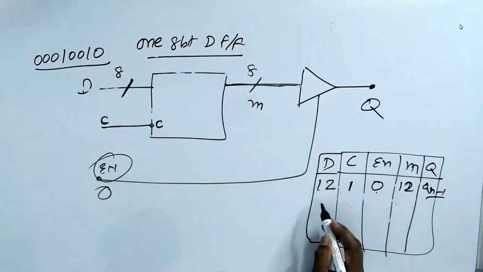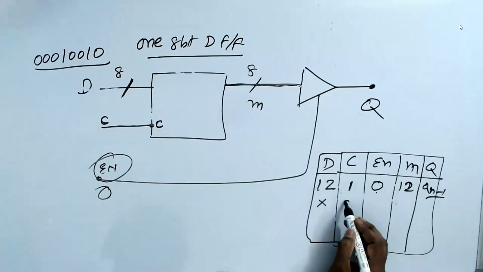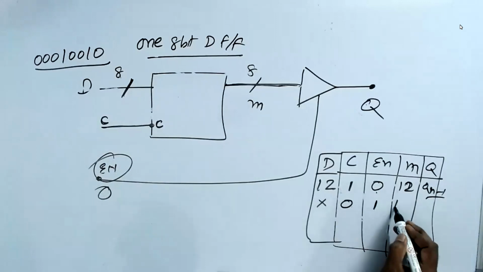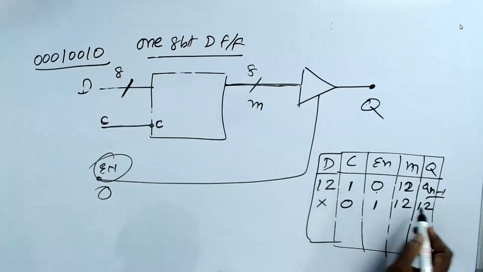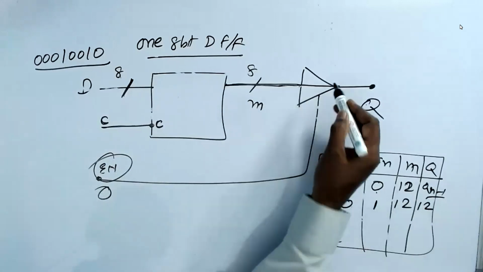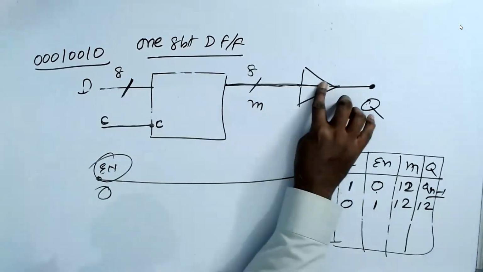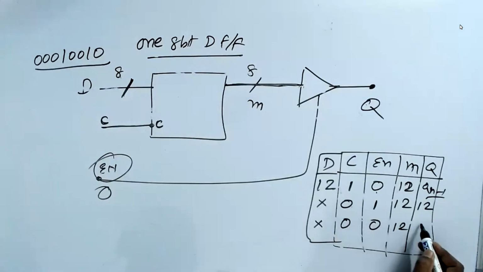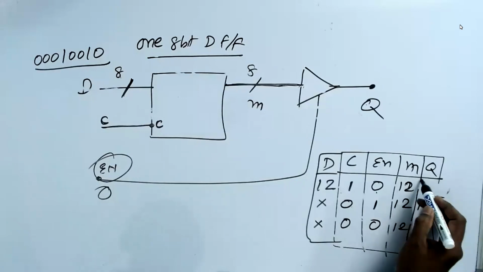Now if I don't give anything on D, and I make C 0 and enable 1, then M is 12 only, but Q also becomes 12 because enable is 1. This switch is on. Now the third operation: I don't give anything. C is 0, enable is 0. Then M is 12, but the output has no voltage.